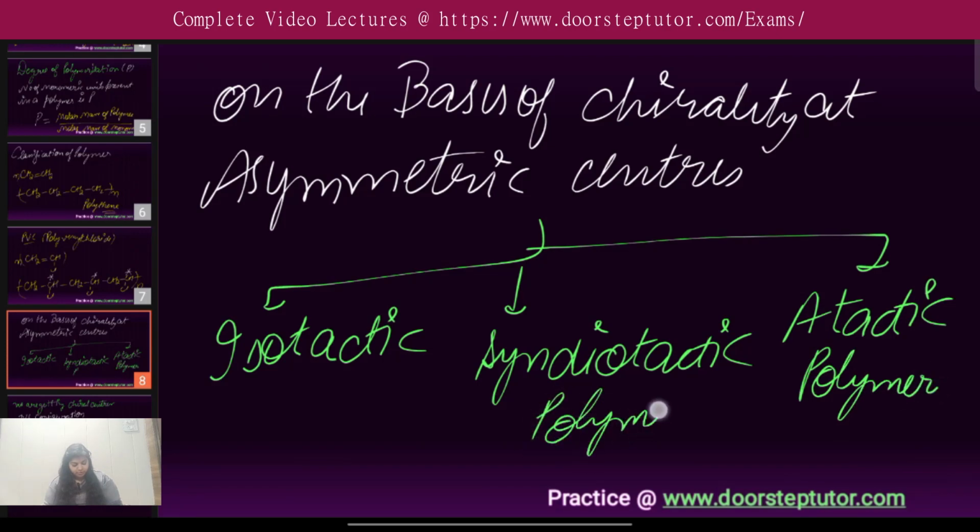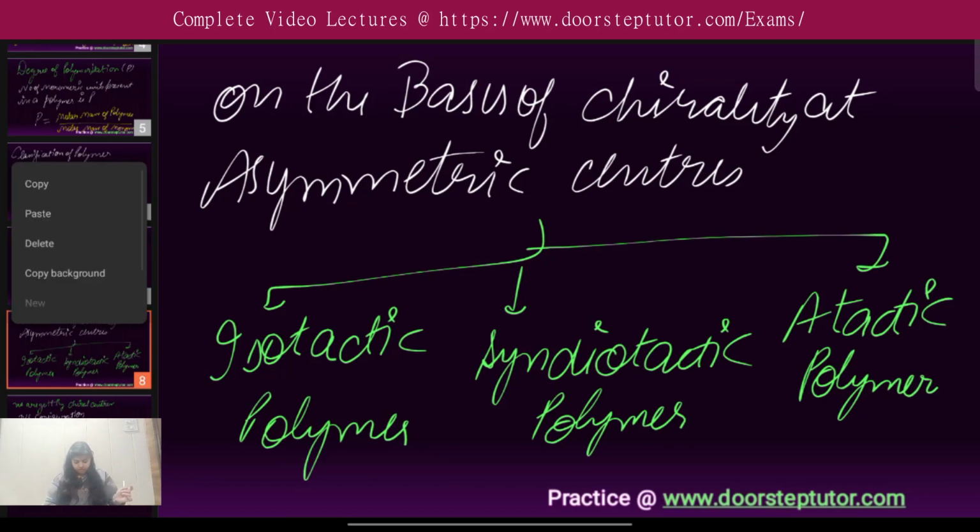The word iso means the same. That means at all the chiral centers formed during the formation of that polymer, the same configuration, D or L, is present at all the chiral centers. That is known as our isotactic polymer.